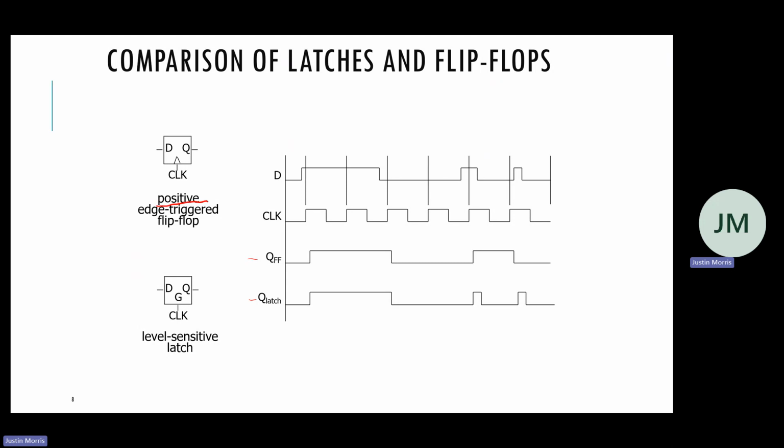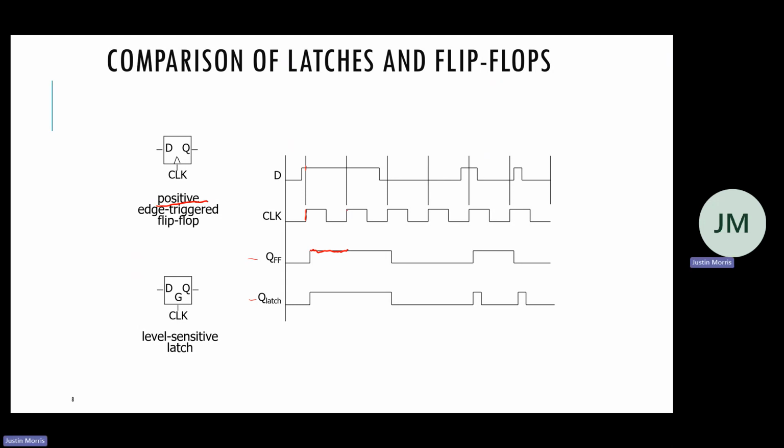So let's just look at the flip-flop first. The flip-flop is pretty simple. All you have to do is, when the clock is at the positive edge, what is the input D? It's 1. So for one full clock cycle, that's what Q is.